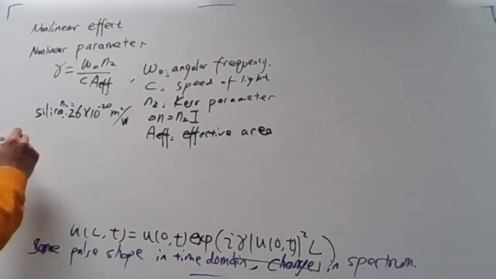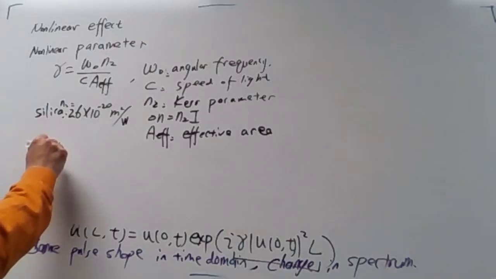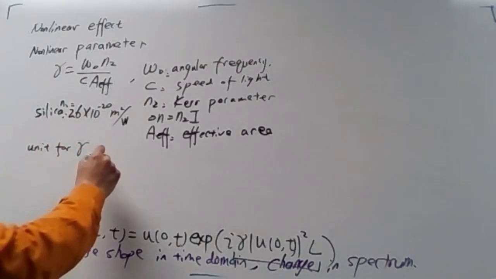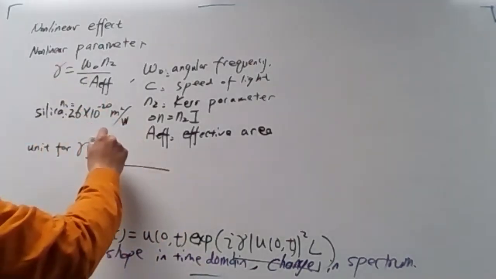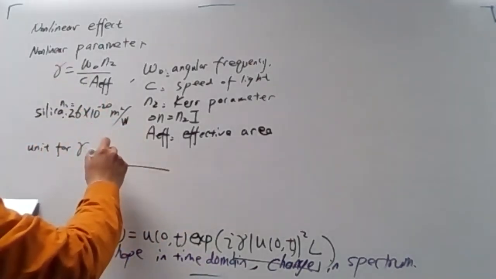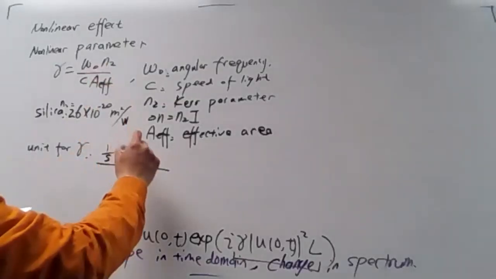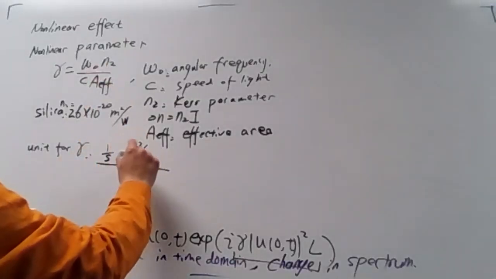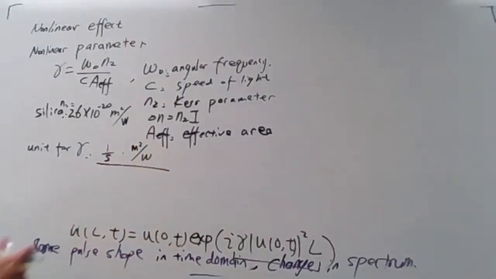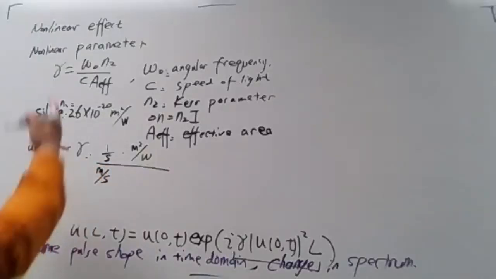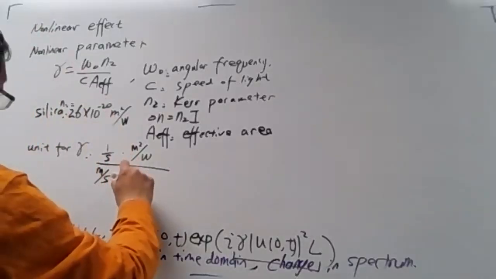So let's look at the unit for gamma. Frequency is 1/second. And then n2 is meter square over watt. And then c, speed of light, is meter/second. Effective area is meter square.